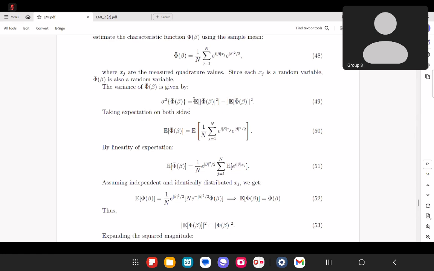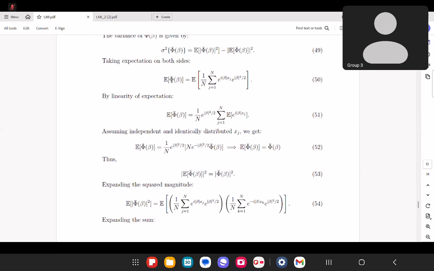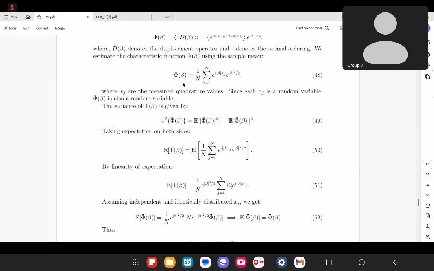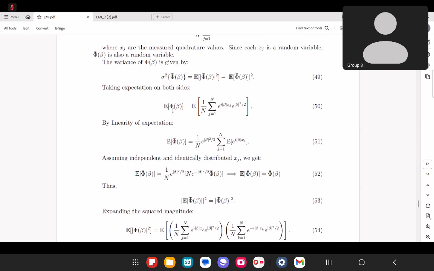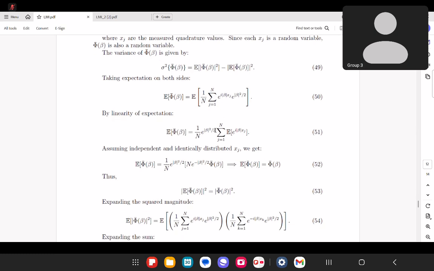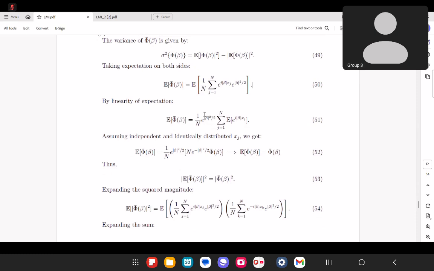So let's calculate the first and second terms in this formula. First, let's calculate the expectation of phi of beta. We take equation 48 here and apply the expectation to both sides. Once you do that, the right-hand side just becomes this. Next, we use the linearity property of the expectation, giving this factor times the sum of the expectation of the individual terms in this expression.